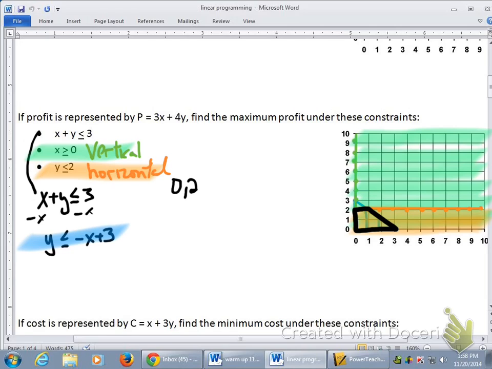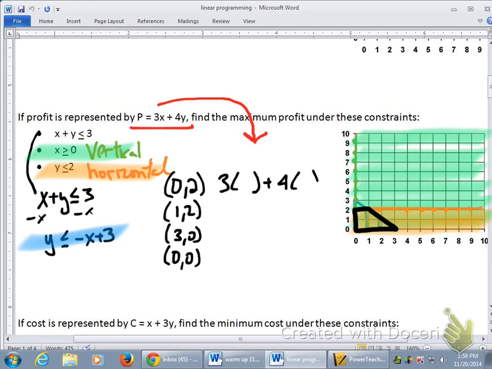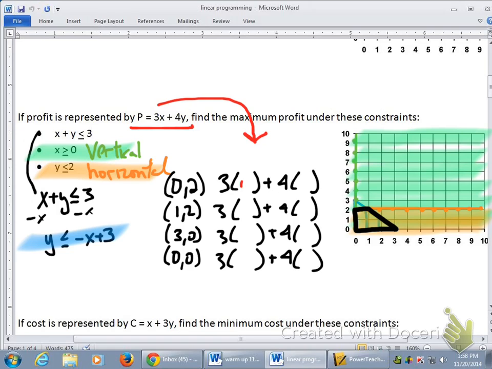Clearly the intersection is this funky looking shape here. It's a little trapezoid. Notice it cut over. So I do have 4 corners to look at. So I'm going to identify those 4 corners, and then plug each of those 4 corners into my function to find out which one gives me the maximum value.